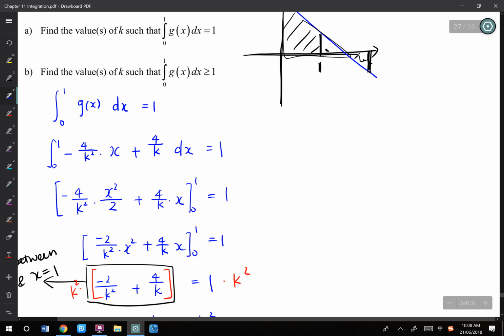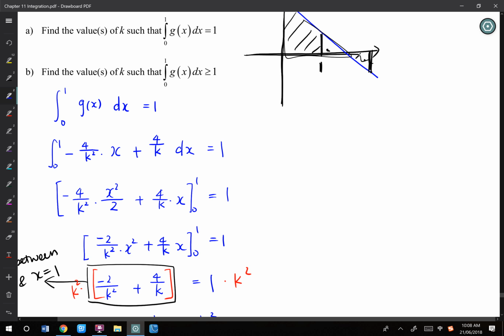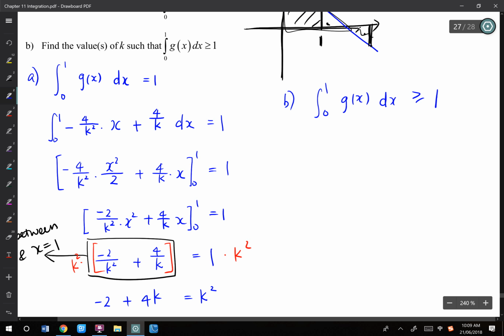Okay. Next one says find the k-value or k-values such that the integral from 0 to 1 of the function dx is greater than or equal to 1. I know what the area of that is.